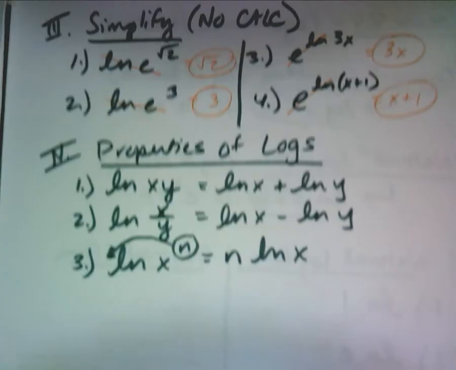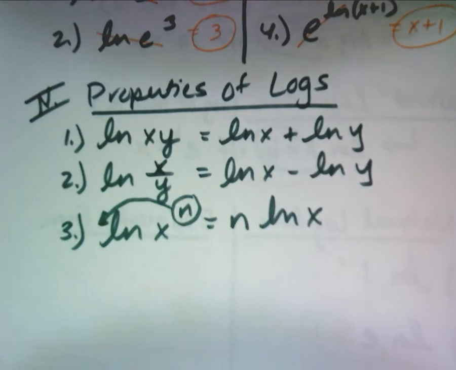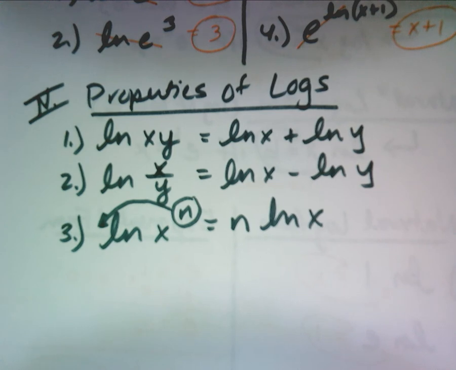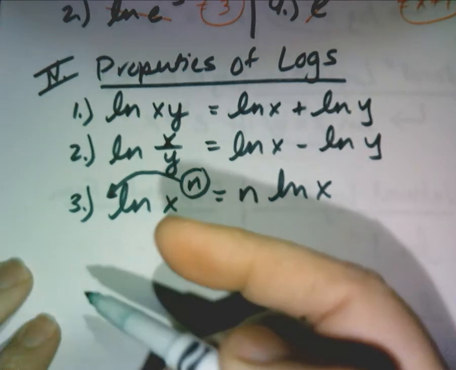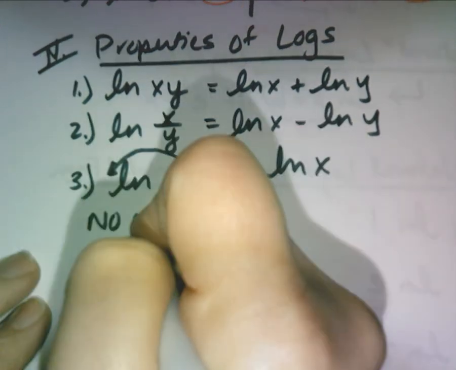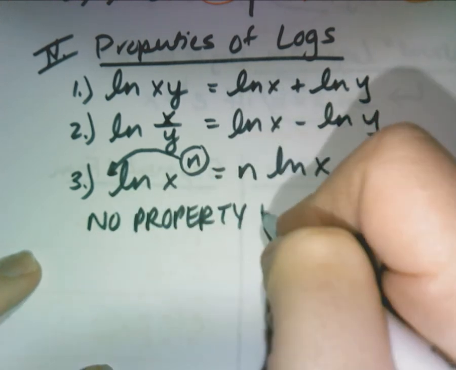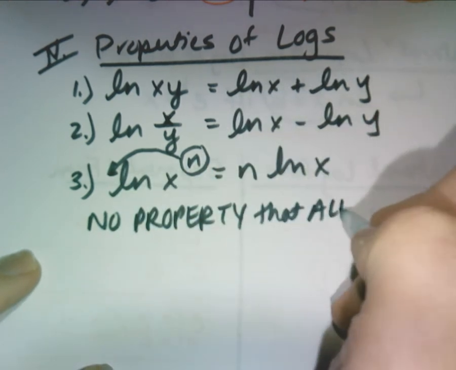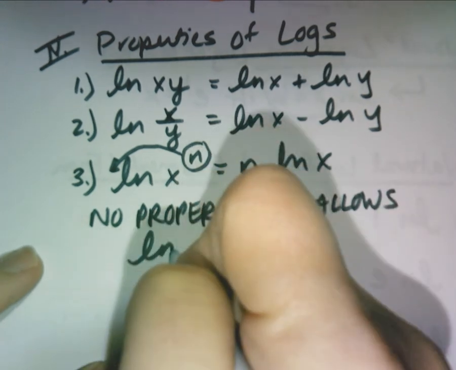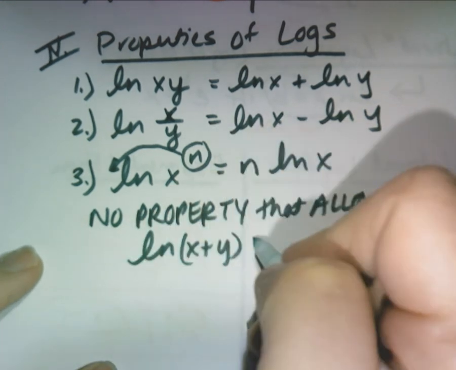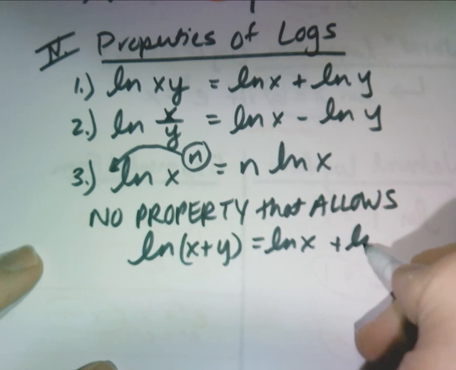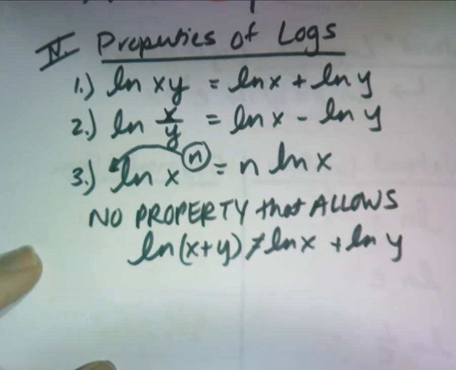That's where that happens. All right, so with this understanding of log properties, by the way, listen to me. I should have written this down in the other class. There is no property that allows ln of x plus y to equal ln x plus ln y. That's not going to happen.